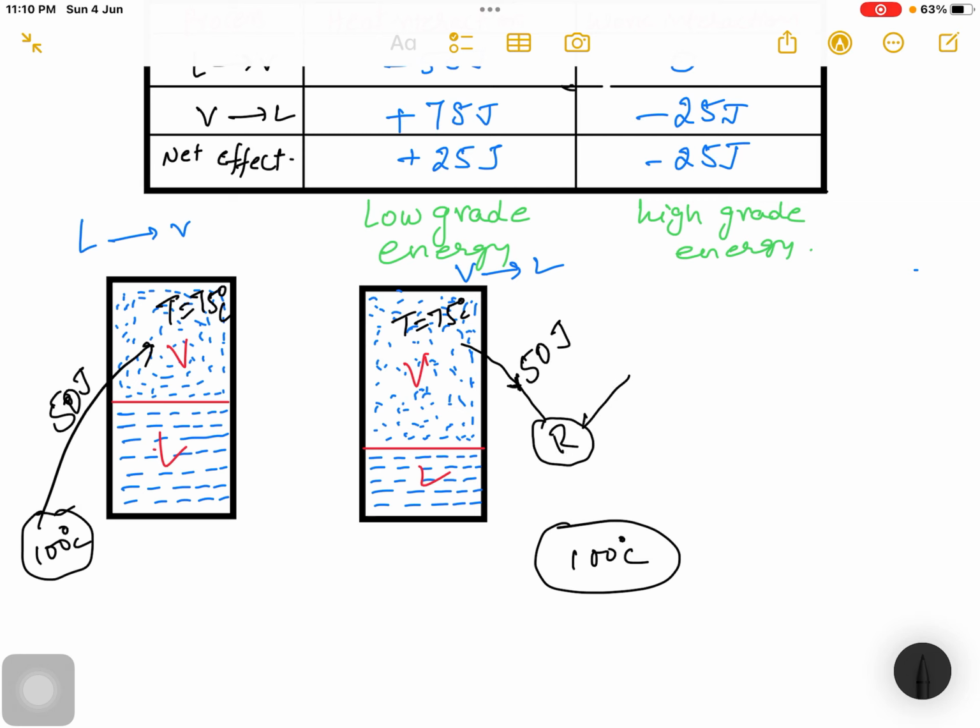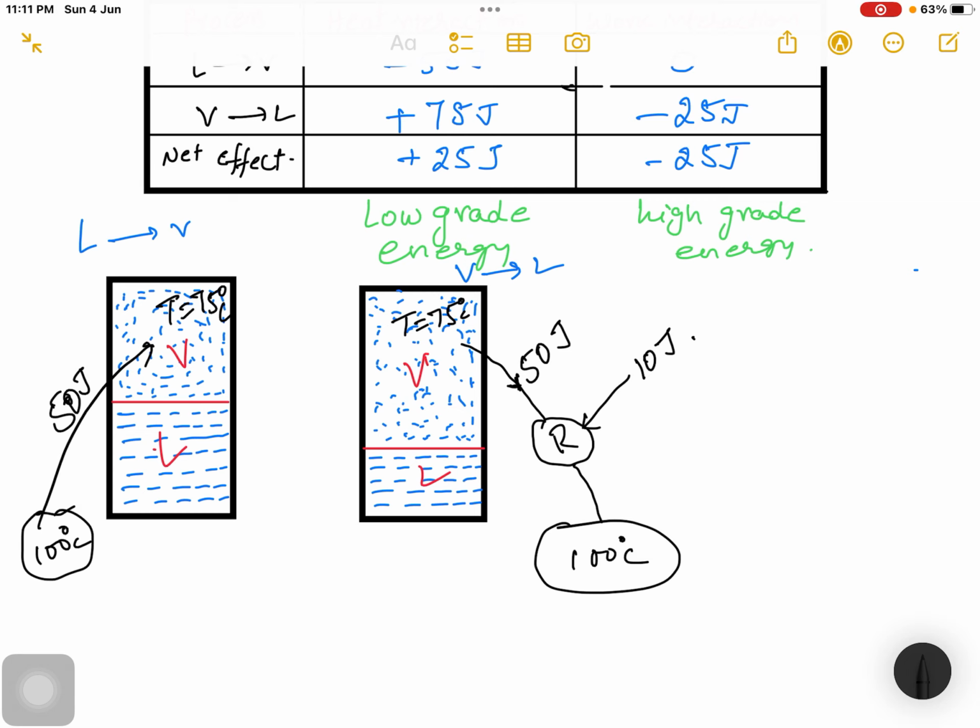I am connecting a device called refrigerator which is consuming a work of 10 joules.